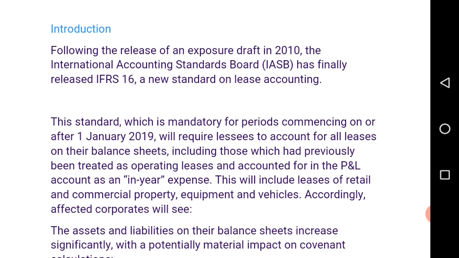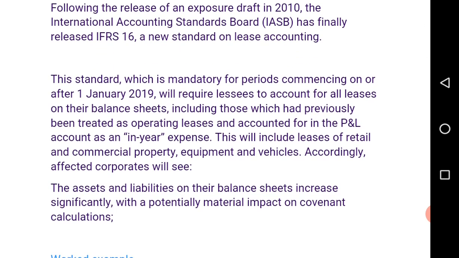This would include leases of retail and commercial property, equipment, and vehicles. Accordingly, affected corporates will see, so what we should expect is the assets and liabilities on the balance sheet increase significantly, with a potential material impact on covenant calculations.